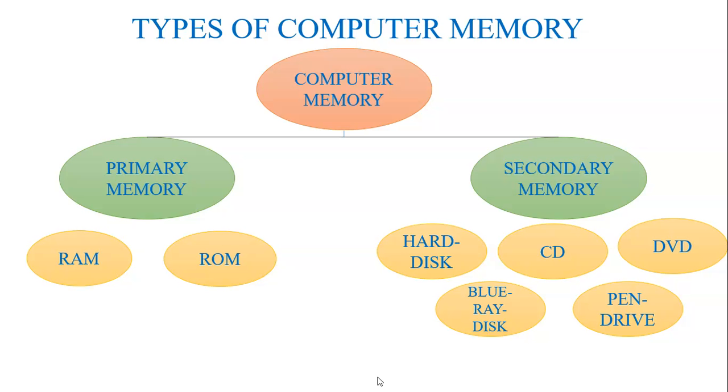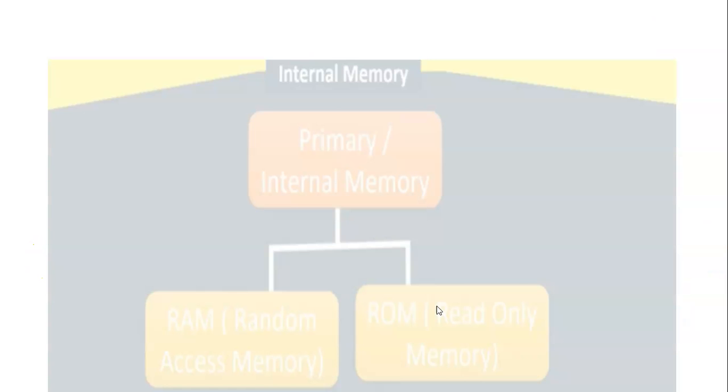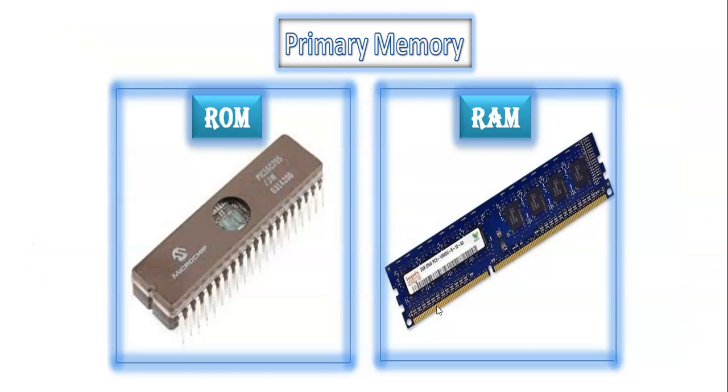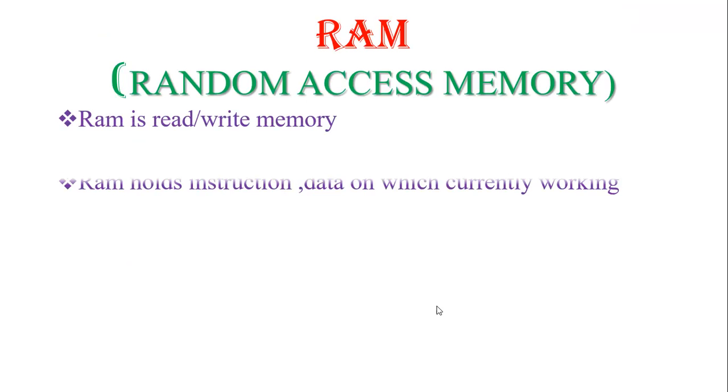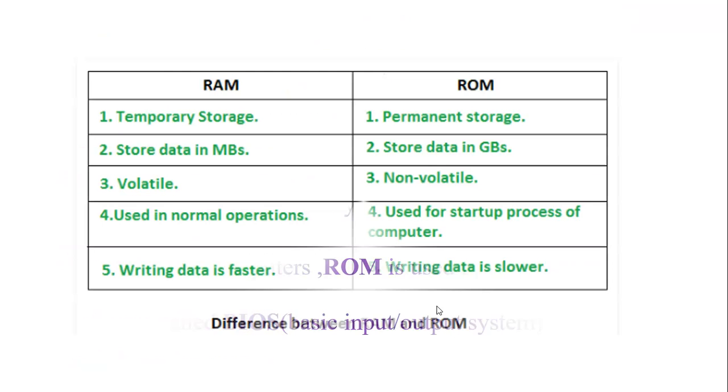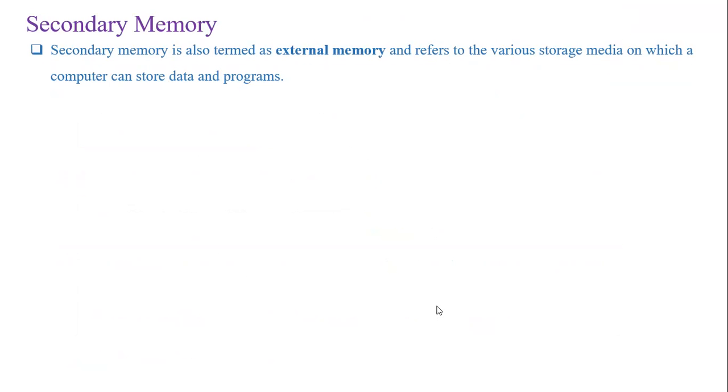Now we will see what this secondary memory is. We have seen primary memory, under that RAM and ROM, and the differences between RAM and ROM. Now we will see secondary memory.